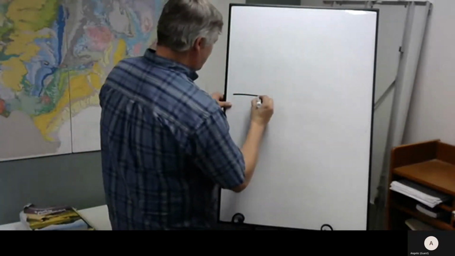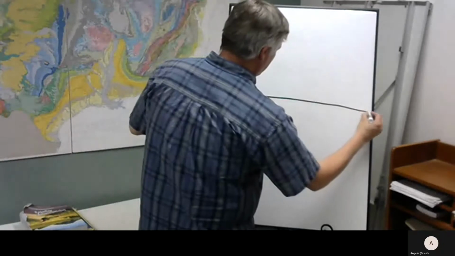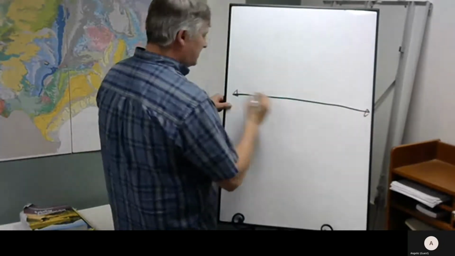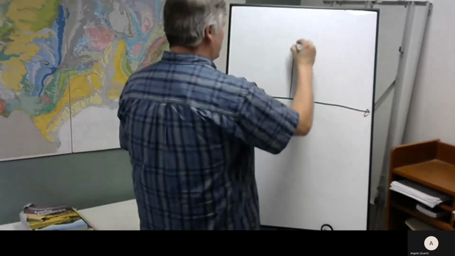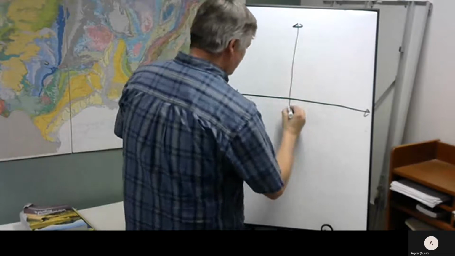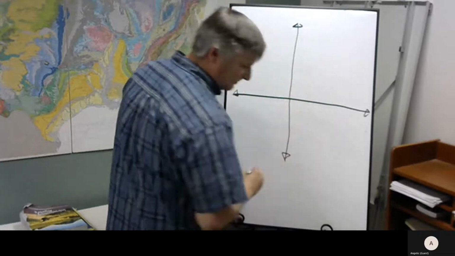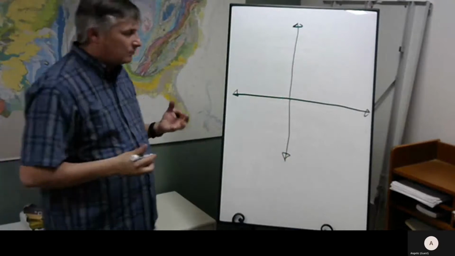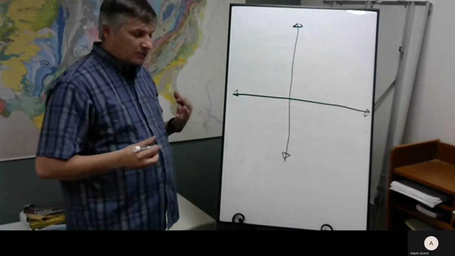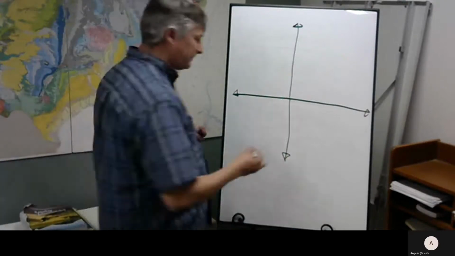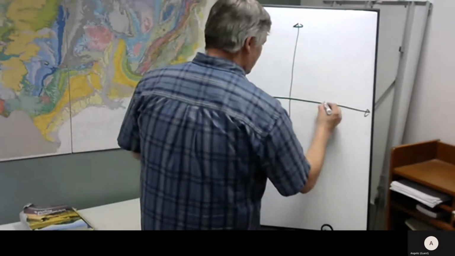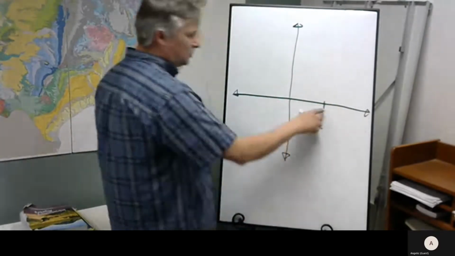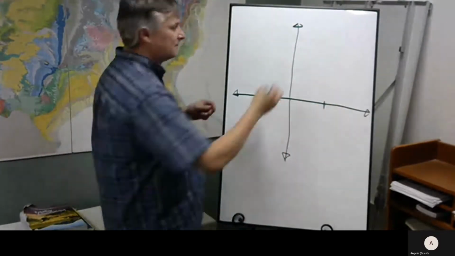So, when we talk about locating points on this landscape, what we're going to do is look for what's called a coordinate pair. So choose a location on the x-axis.